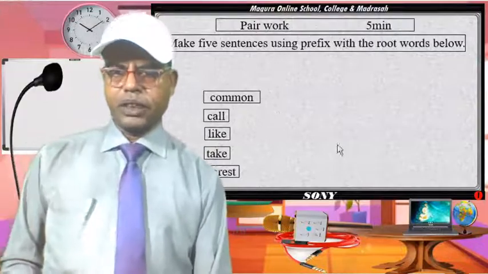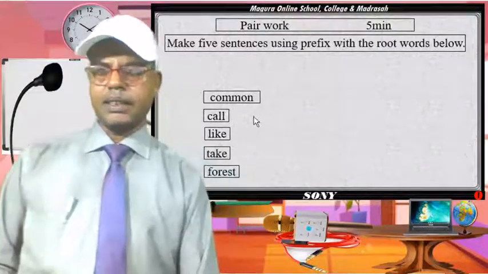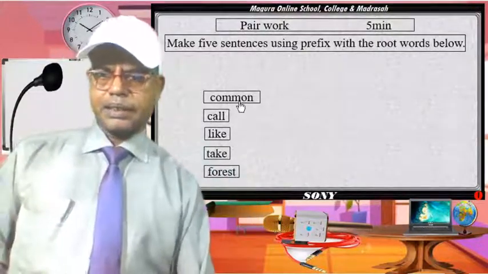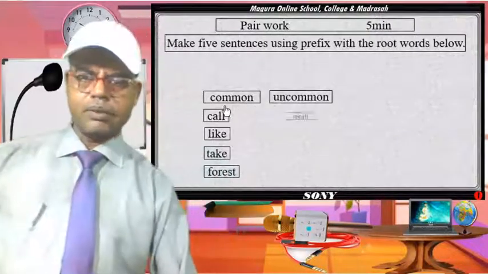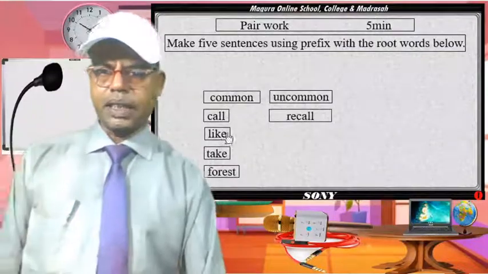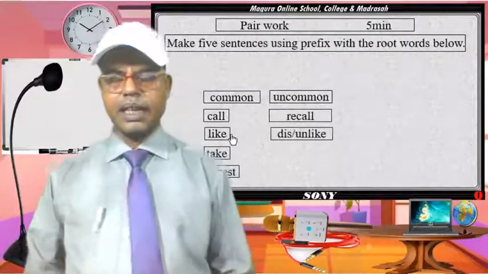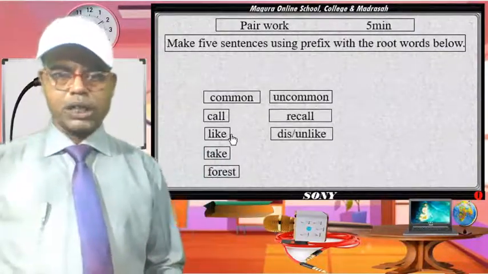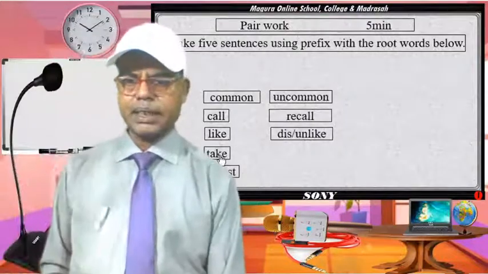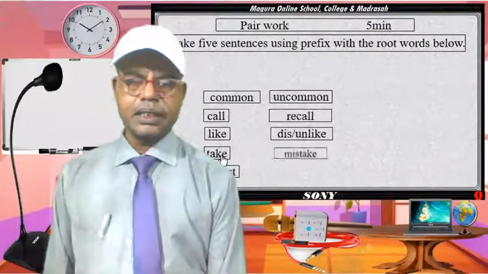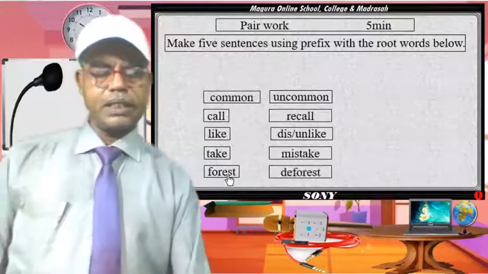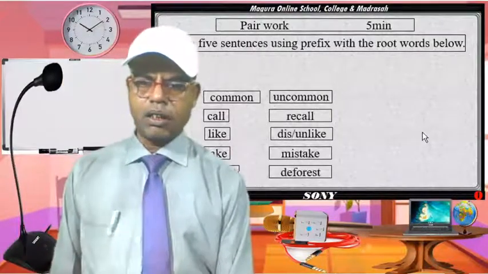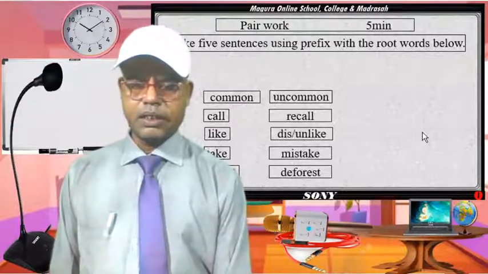Many of you have done well, I see. Can I check? Yes. Common. You have written uncommon, right? Call. You have written recall. Fine. Like. Fine. Dislike or unlike, something like that. Take. You have written mistake. Fine. Forest. Deforest. Right. All the five words you have done well.